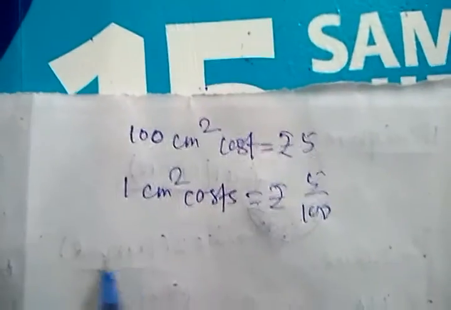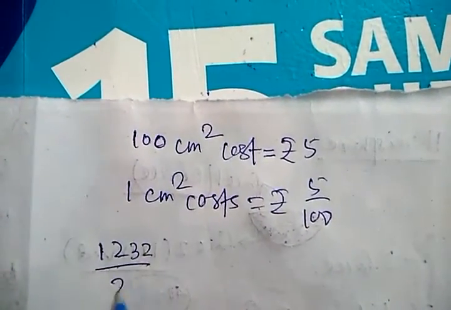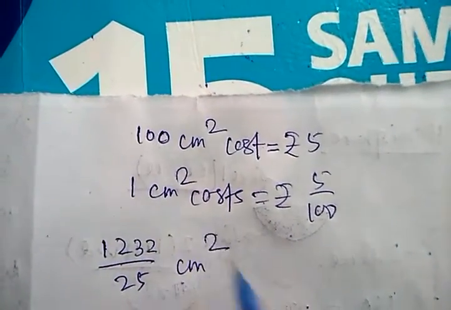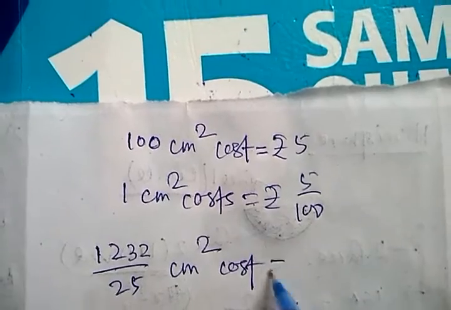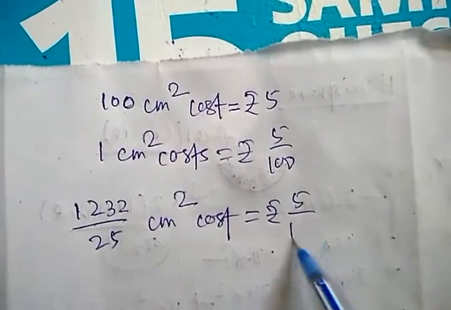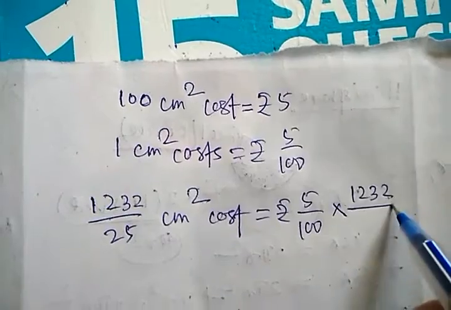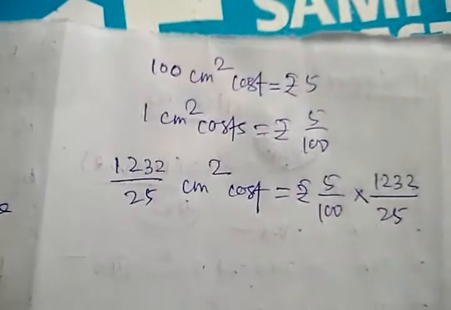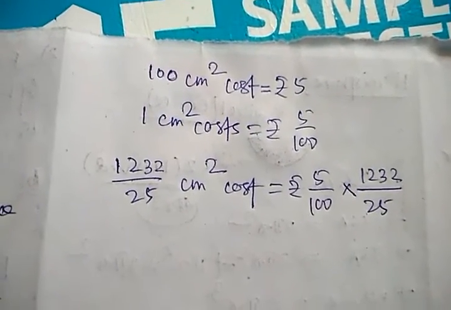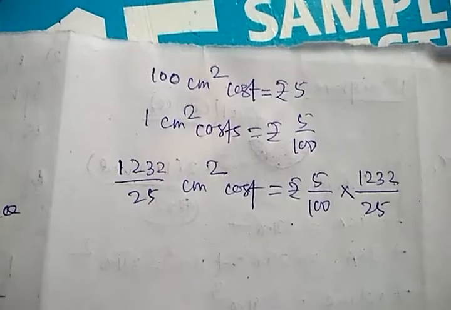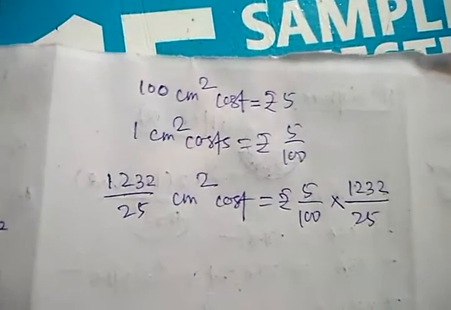So you write here 1232 by 25 centimeter square cost equals rupees 5 by 100 into 1232 by 25. Clear?